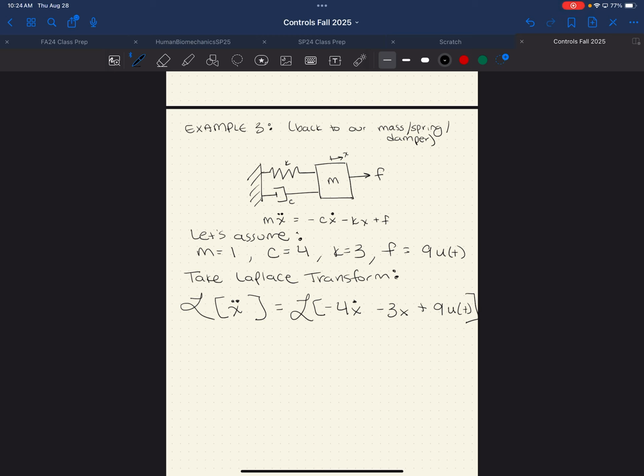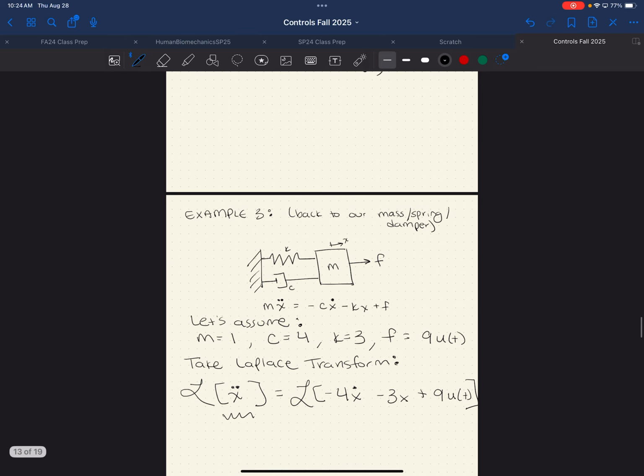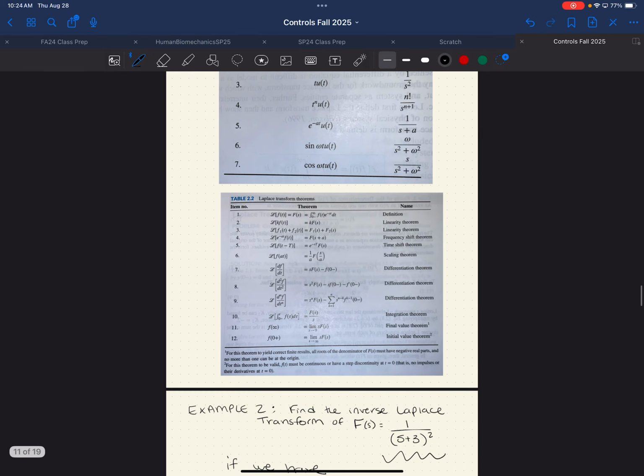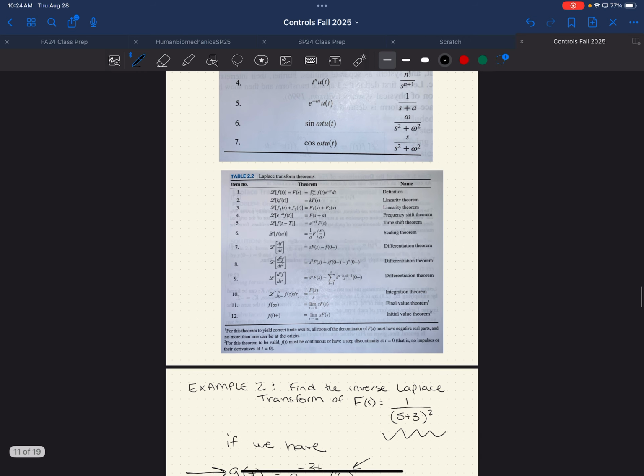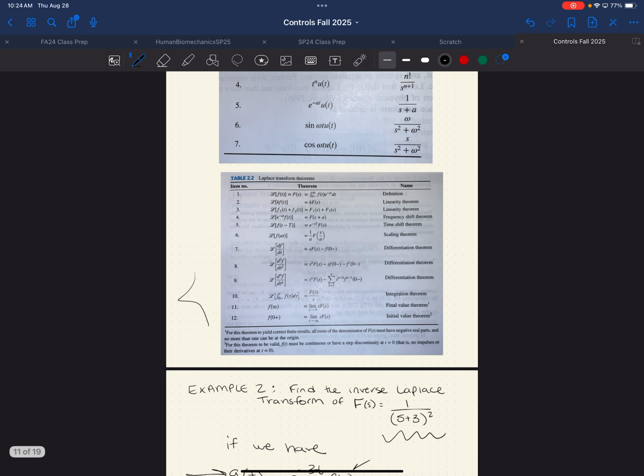Okay, so we're going to need to go back to our tables because we haven't yet looked at the Laplace transform of a differential equation. So we have this x double dot, which is a second derivative of x. Let's go back to our tables and figure out what the Laplace transform is there. So it's in this Laplace transform theorem table where, let's first look at the first derivative.